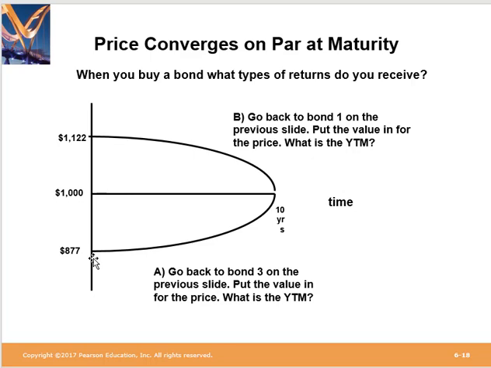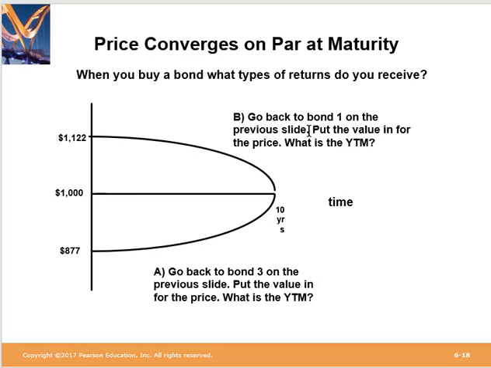When you do that, you're going to find out that the yield to maturity is equal to 10%. So the yield to maturity of this bond, the return you get if you buy today and hold to maturity, is 10%.